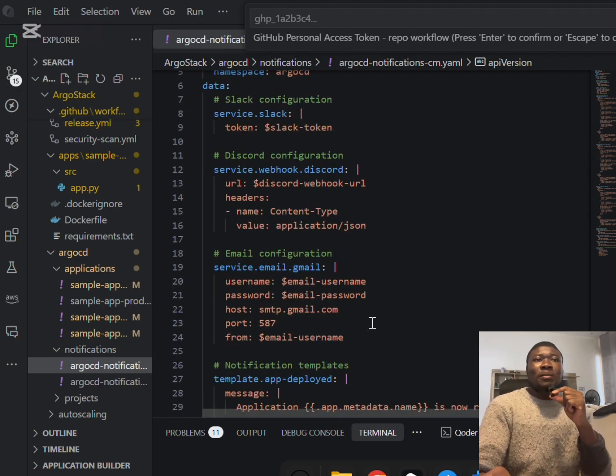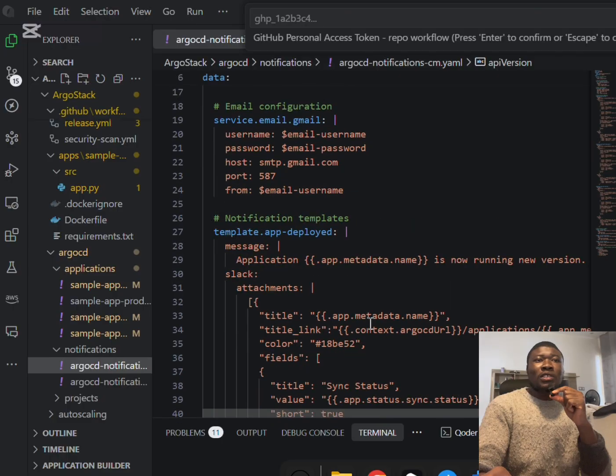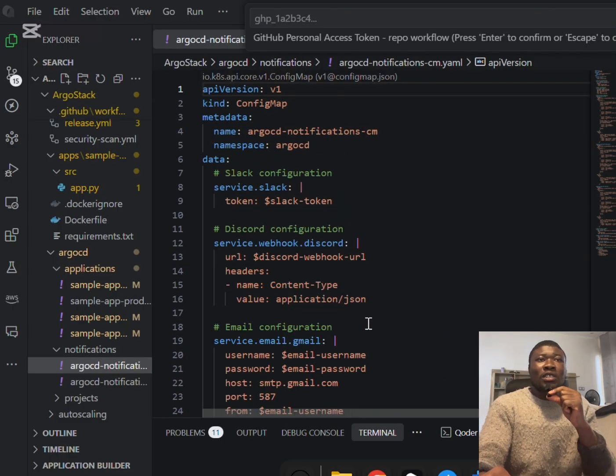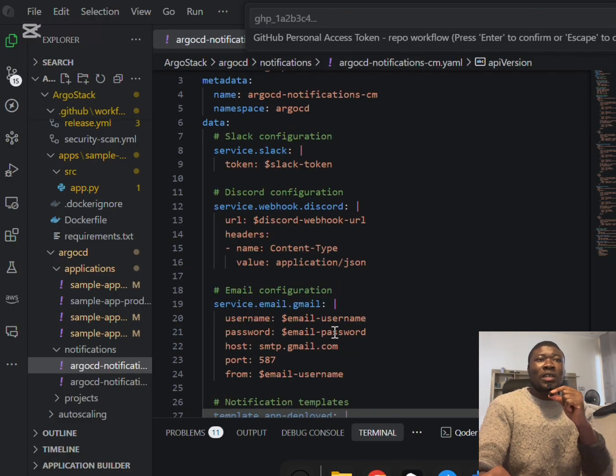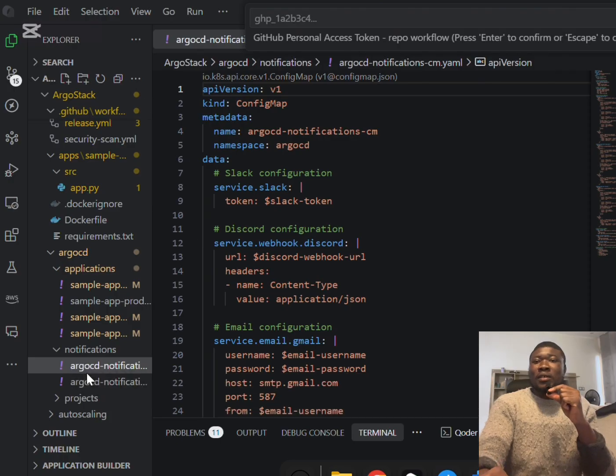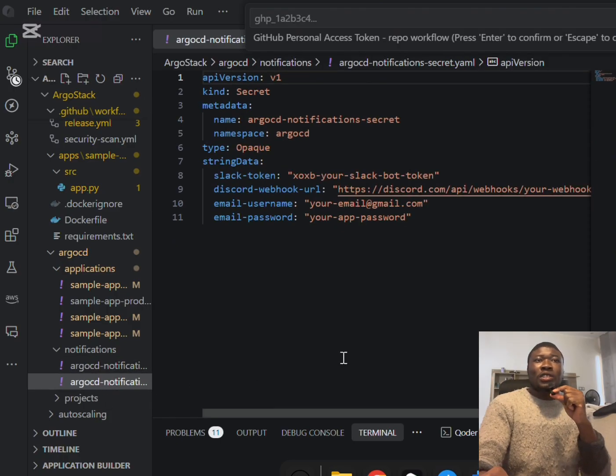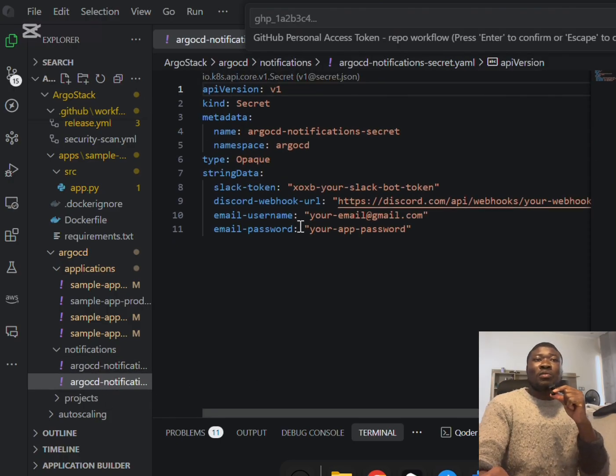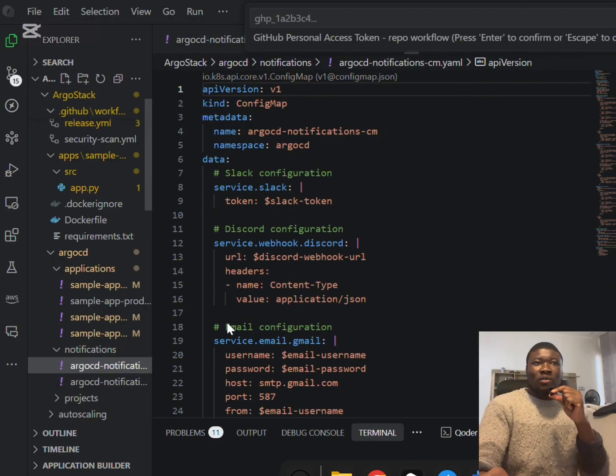So that is about this project, and I hope with everything that I have done, you fully understand and get along with me. In this project, I've been able to fully automate the GitOps workflow with Argo CD.